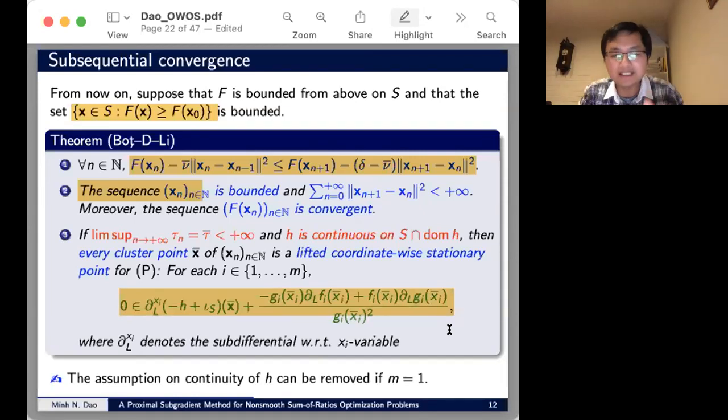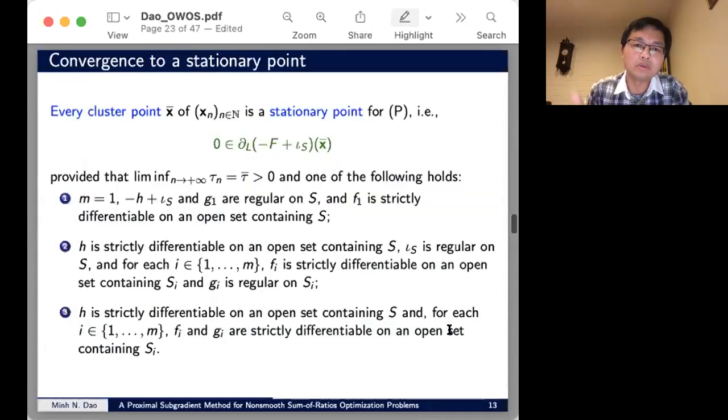Like we take the subgradient, which is the coordinate-wise subgradient. So a natural question is when the lifted coordinate-wise stationary point becomes a stationary point, right? And we also have some conditions for that.